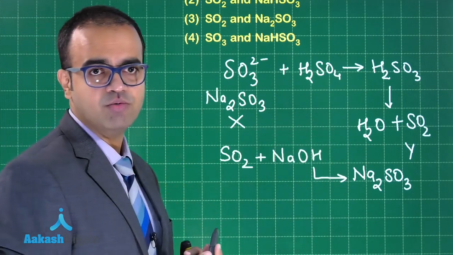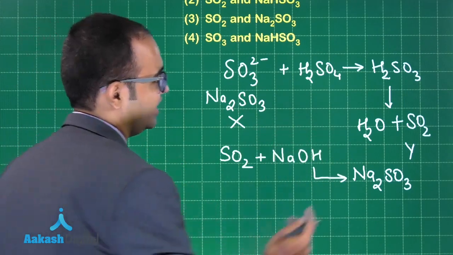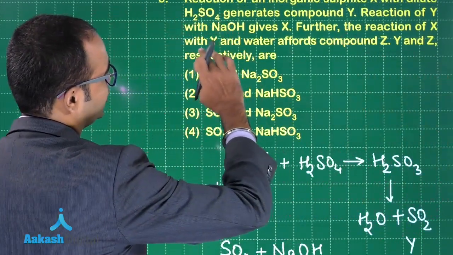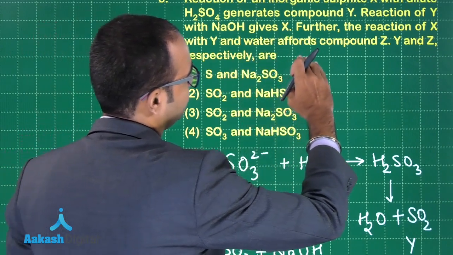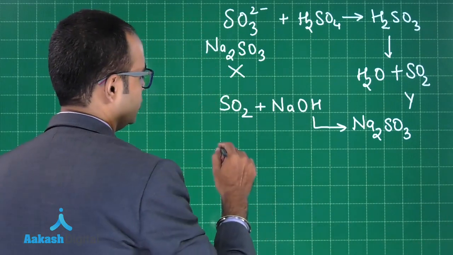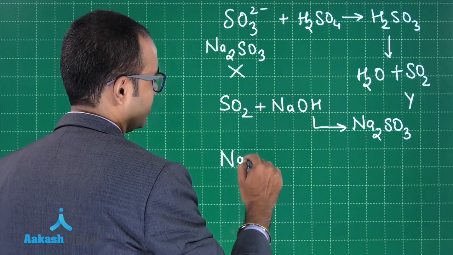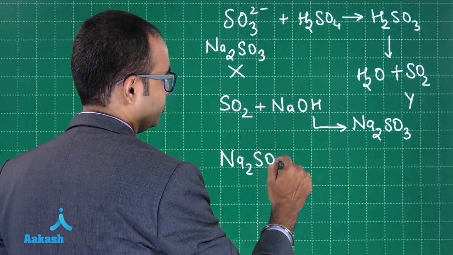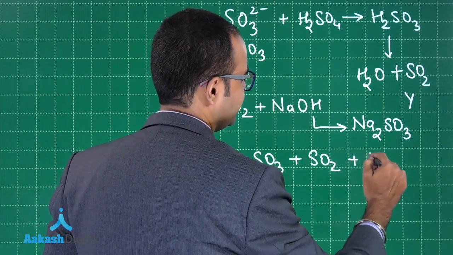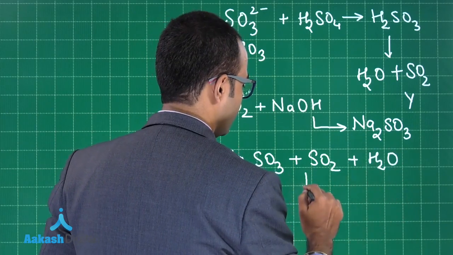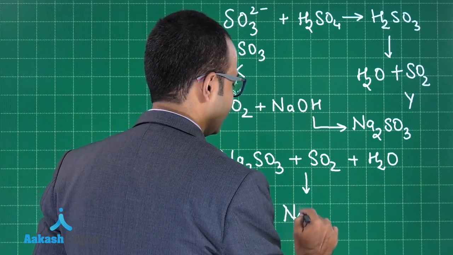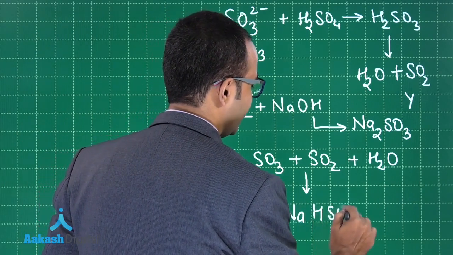Now I have to identify Z. So what is Z? Let's see. Further, the reaction of X with Y and water affords compound Z. So we have to take X and Y. So X is Na2SO3 plus SO2 plus H2O. This will give you NaHSO3, guys.